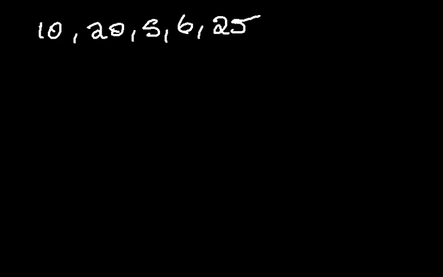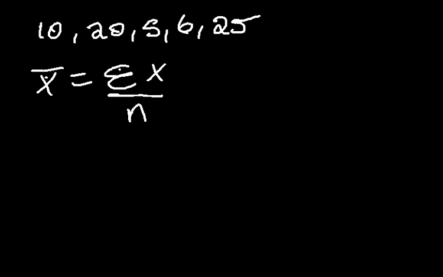Now the symbol for average is given as x bar, which is equal to the summation of the x values divided by how many there are. In other words, the mean is calculated as the summation of the data values divided by the number of the data values.